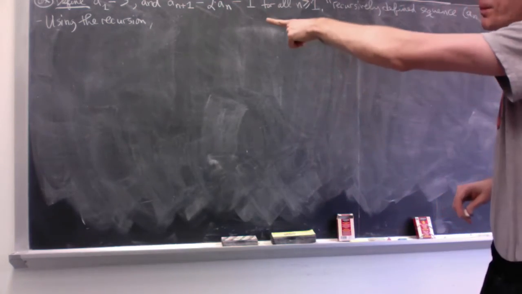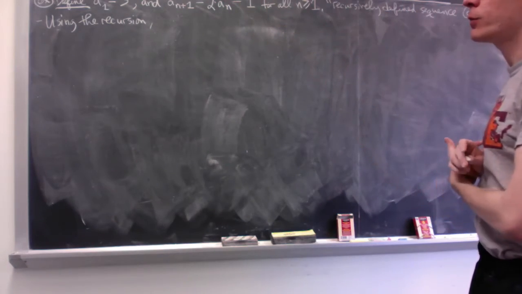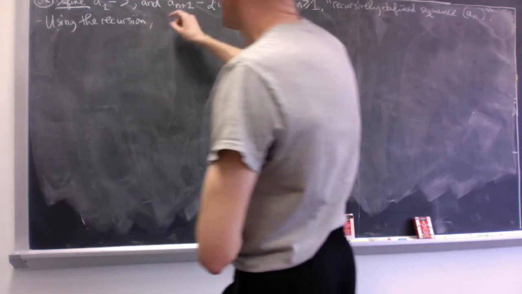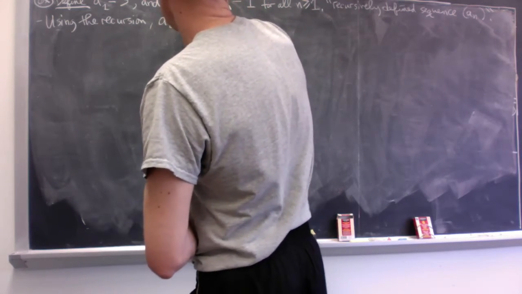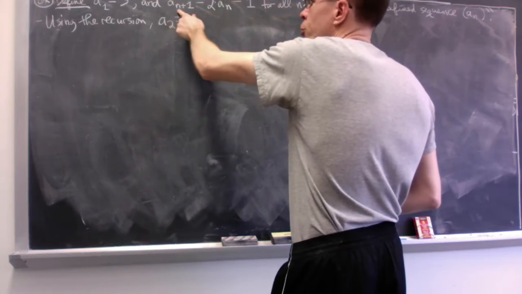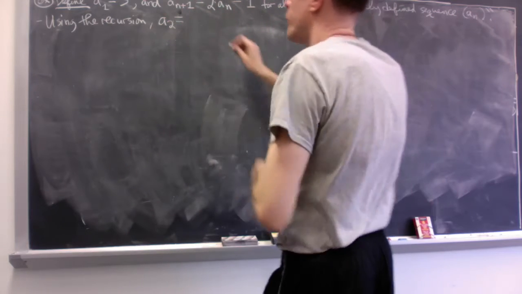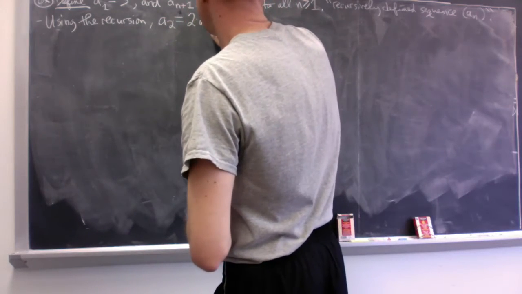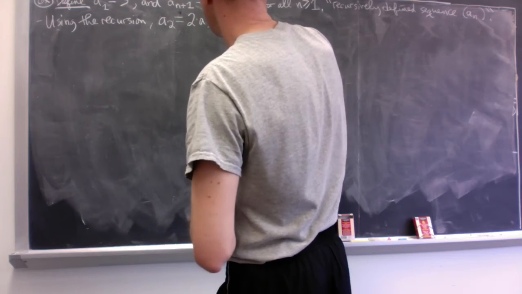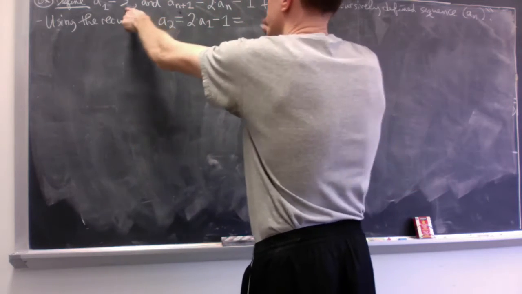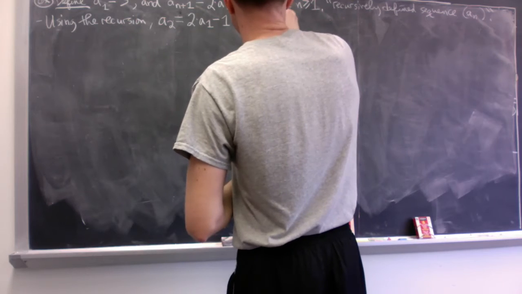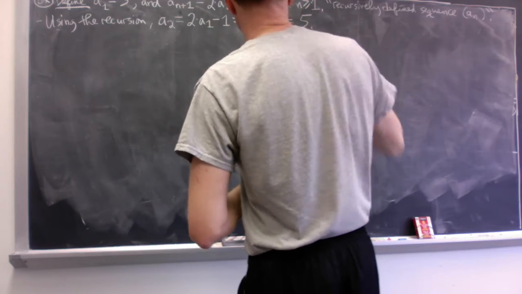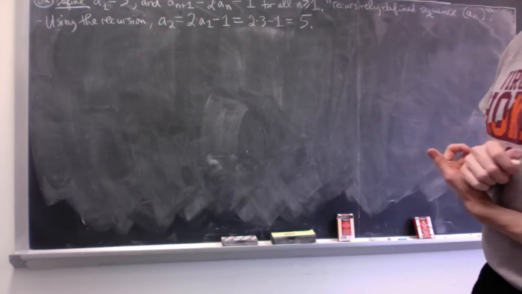But you can execute this recursive definition and figure out, like, what's A2, for instance. So A2, if you let n equal 1 in my recursion, is 2 times A1 minus 1. But A1 we already know is 3. So now we know that A2 is 5.